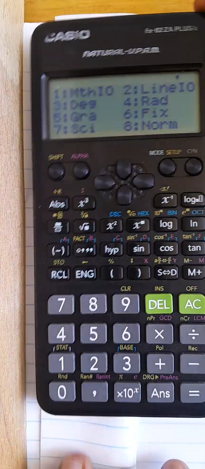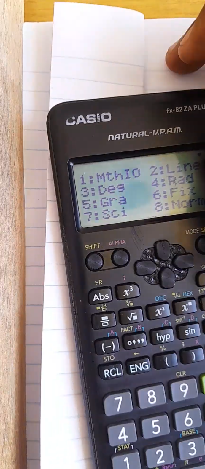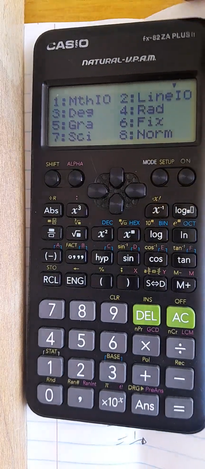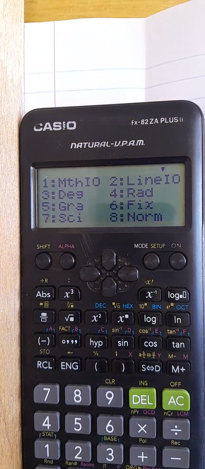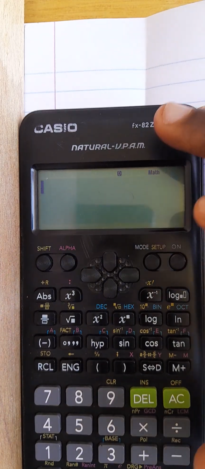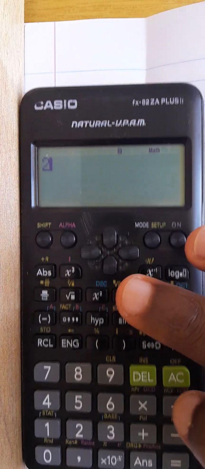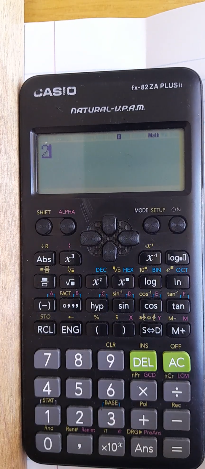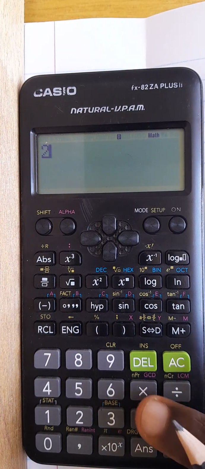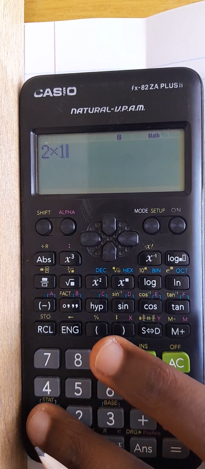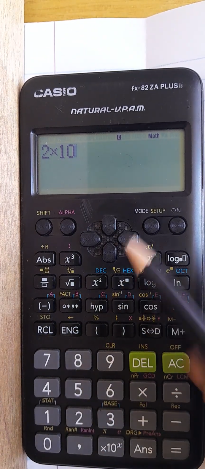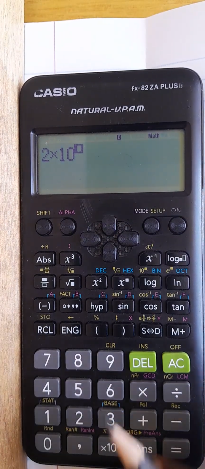So, guys, those you're going to do using your calculators. So let us say 2. You can say 2, use this times, and then you use your 10, and then you use that raised to something, 9.